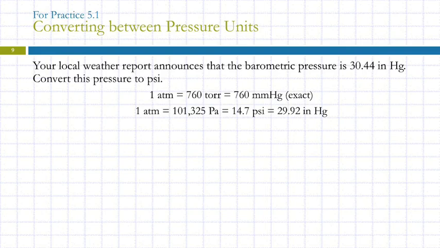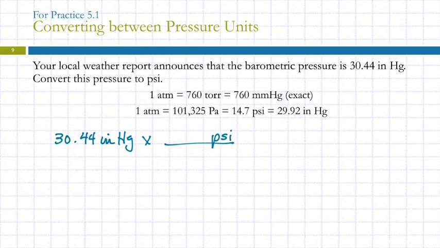So the local weather report announces the barometric pressure is 30.44 inches of mercury. Convert this pressure to psi. So, dimensional analysis. What am I starting with? I'm starting with 30.44 inches of mercury. I just do one conversion factor. What unit am I going to? I'm going to psi.